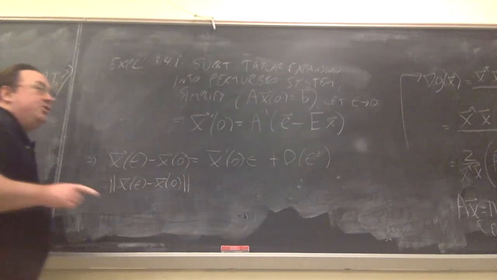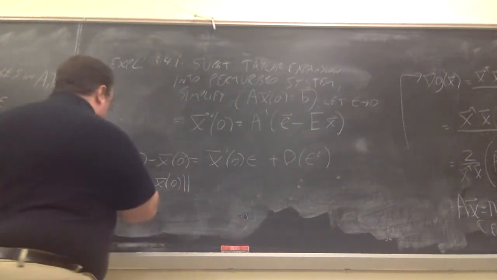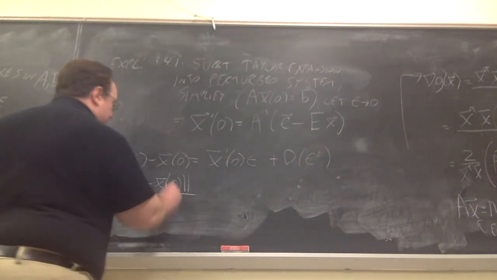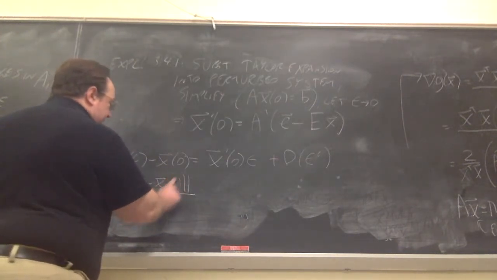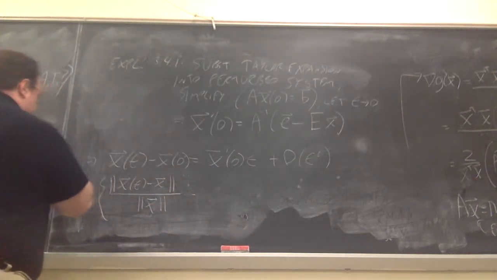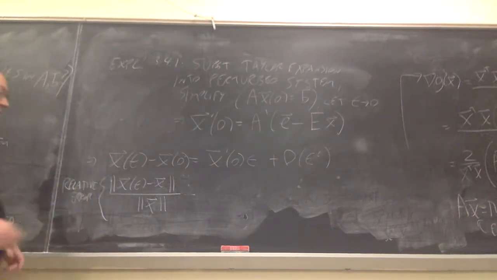Now, it doesn't matter which norm. I can use properties that apply, so I'm not going to specify one. And I'm also going to divide by the norm of, actually, instead of x of 0, I'm just going to write x. That's the exact. Then I'm going to divide by the norm of x. So what I get here is called relative error. All right, so basically I'm getting a percentage error in x.